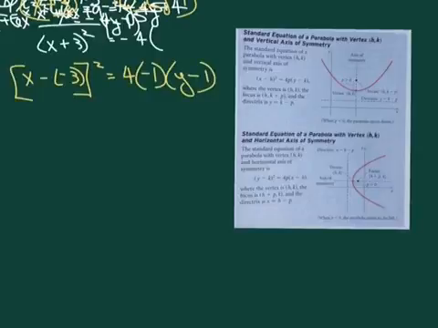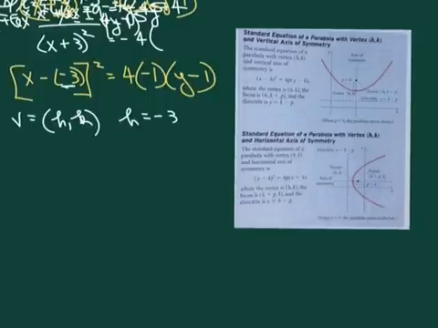Okay, so vertex. What is the vertex? It's always hk. So what is my h? My h is negative 3 from here, and my k is 1 from here. My p is negative 1 from here, and that's really all I need.